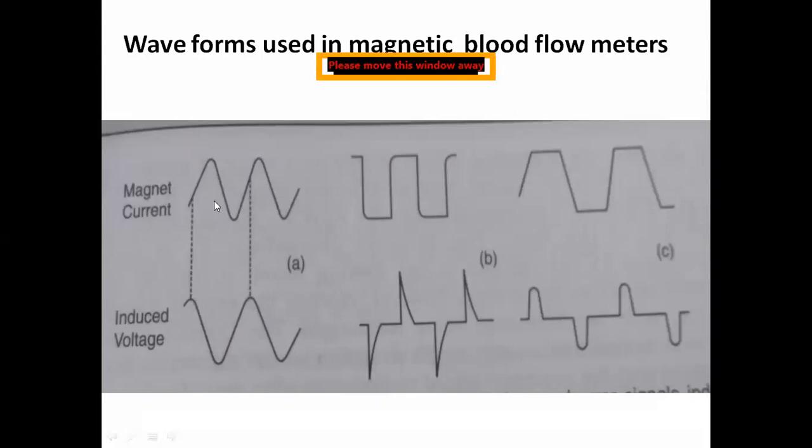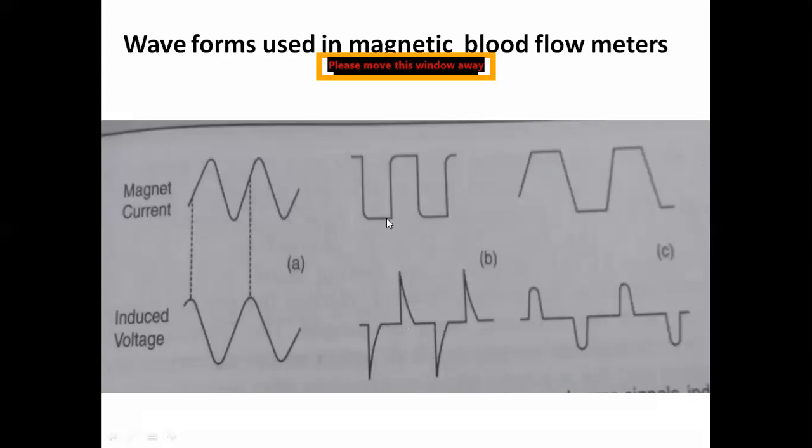To differentiate or make the variation between the applied signal and the received signal, there is some time lag, and that's why there is a phase shift of 90 degrees. Whenever we apply a pulsed input signal to the magnet, we will get spikes in the output.